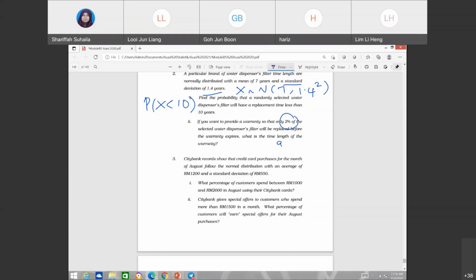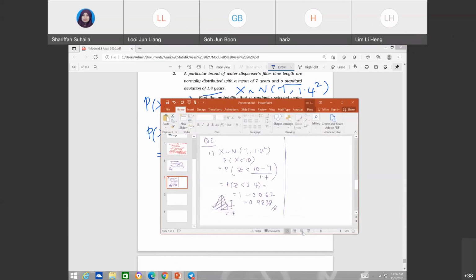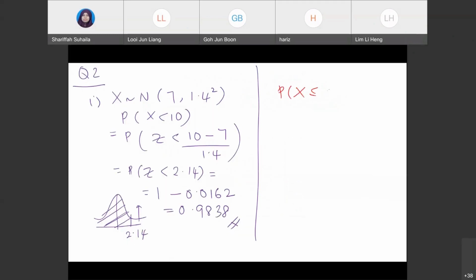What you want to solve is probability X less than or equal to A equals 0.02. That is what you want to solve, because we translate it as the maximum length before it expires. So we have probability X less than or equal to A, given as 0.02.